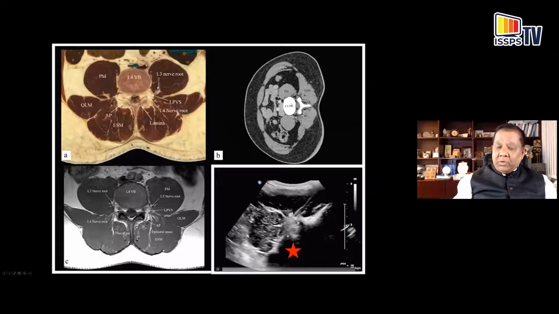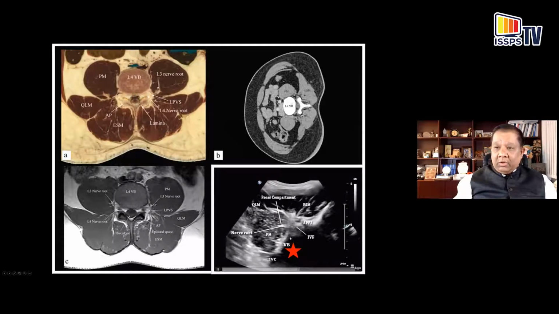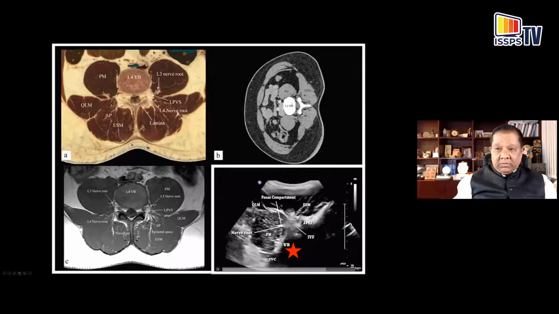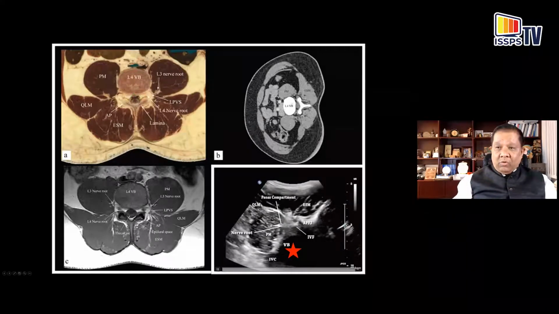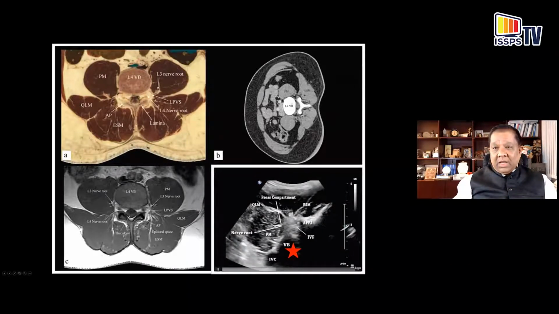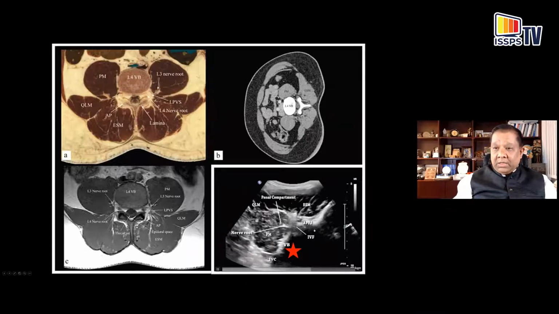However, if you just go between the two transverse processes and at the level of the articular process as seen on the image to your bottom right, you can now not only see the lumbar nerve root, the spinal nerve root as it emerges from the intervertebral canal and the ventral ramus dives deep down, but also you can see the nerve root within the posterior part of the psoas muscle. And if you look very carefully, there's a hypoechoic, usually fat-filled space that goes to the posterior part, which is indeed the psoas compartment.